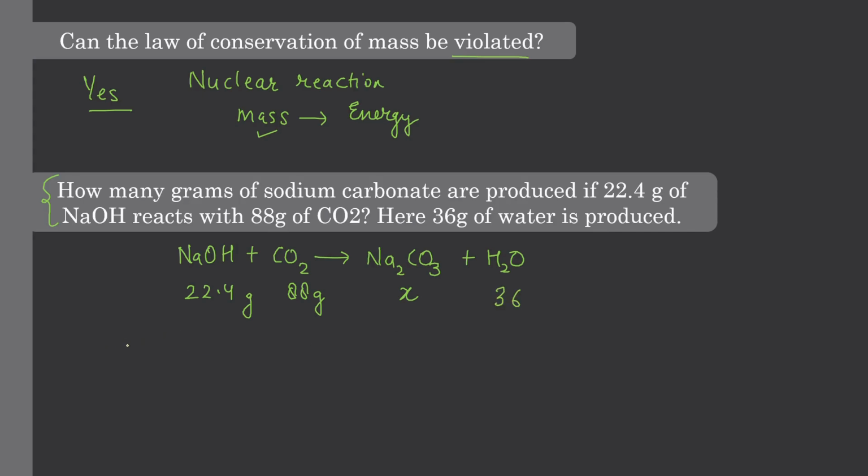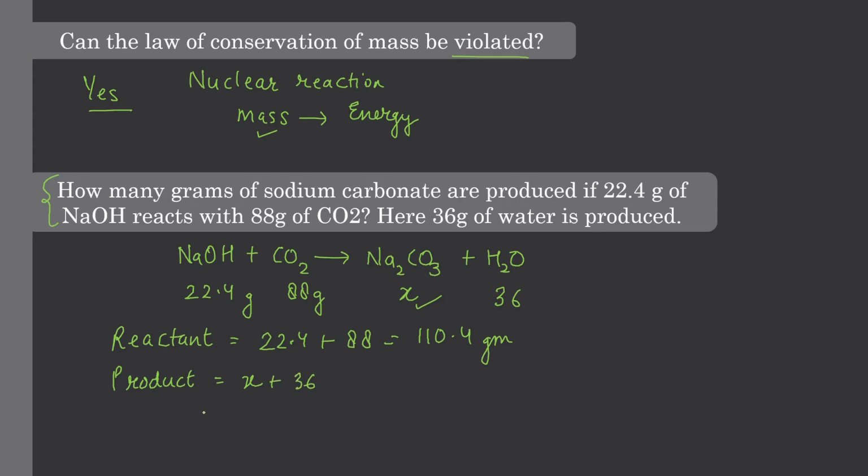Now let us calculate the mass of reactant. Reactant is equal to 22.4 plus 88. And on solving we will get 110.4 gram. Now what is the mass of product? It is X, because we don't know, plus 36.